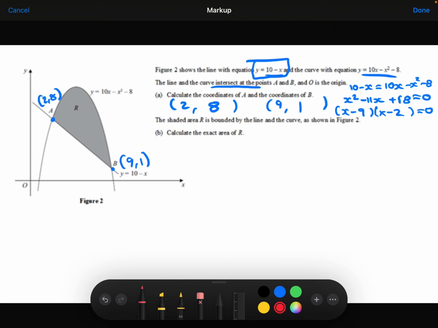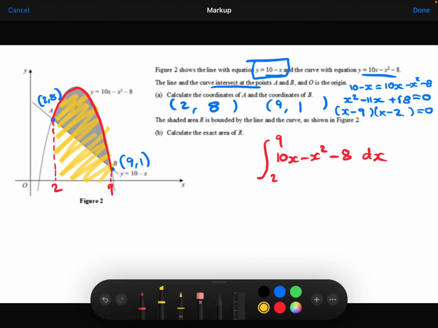Part B. We need to calculate the shaded area R. Now, I know that if I integrate the 10x minus x squared minus 8 with respect to x between the limits of 2 and 9, that's going to tell me the area bounded by the curve 10x minus x squared minus 8 and the x-axis.